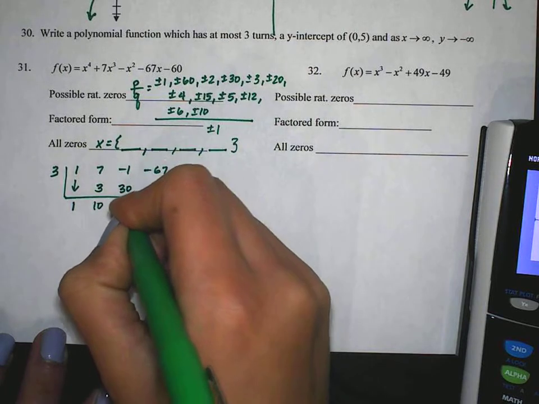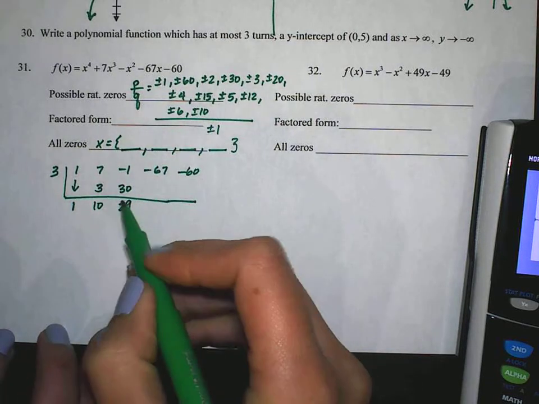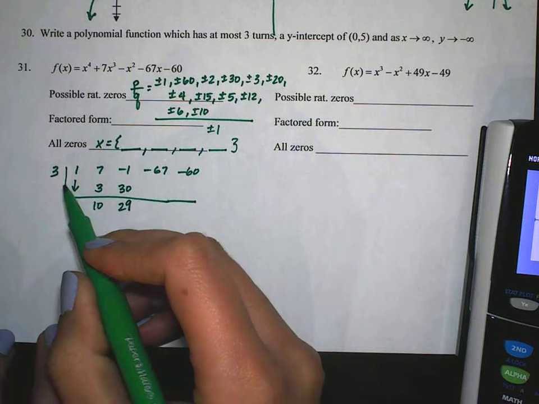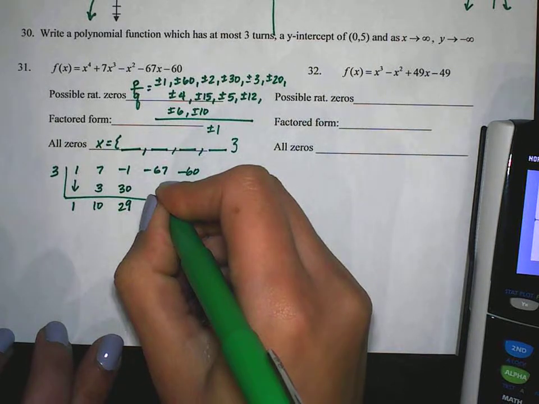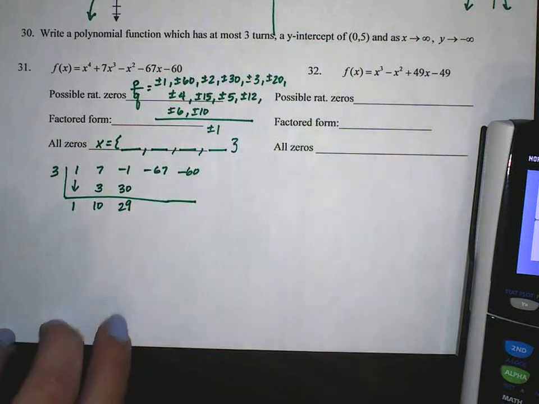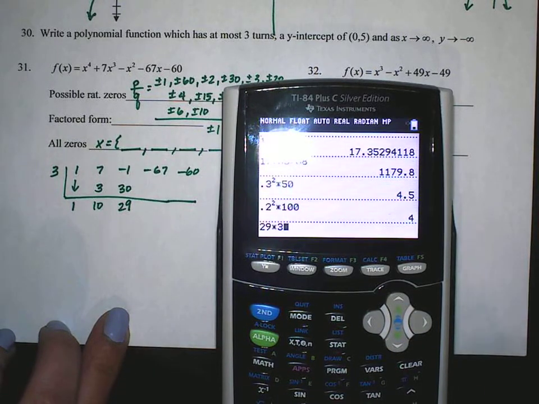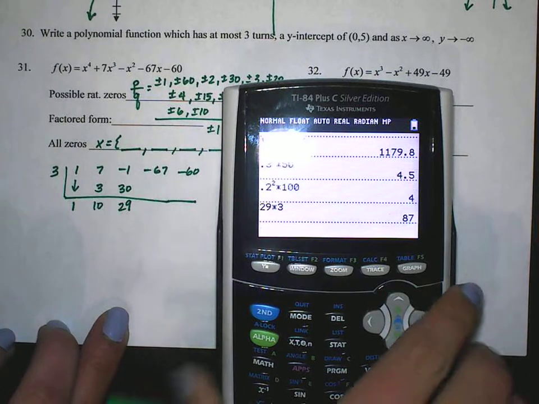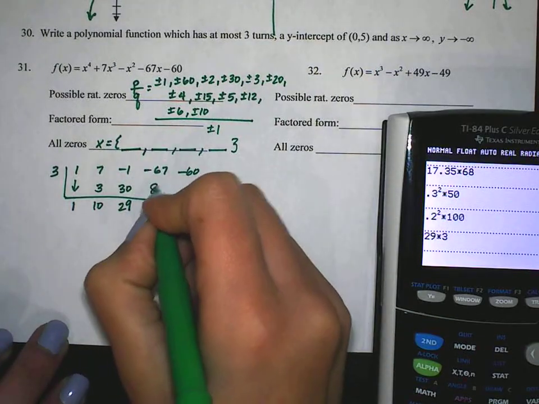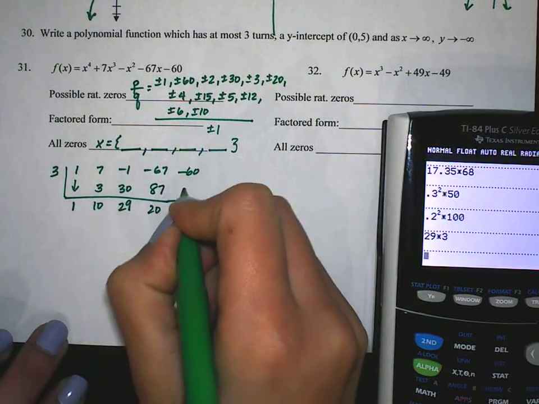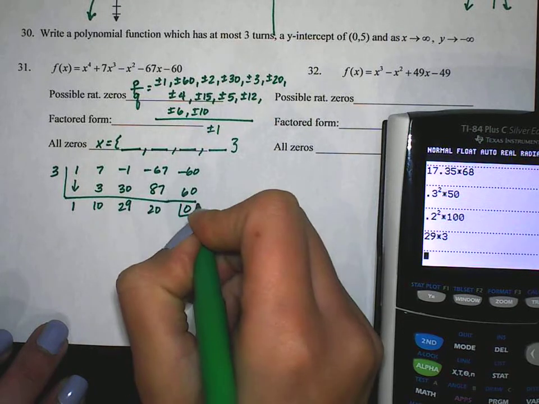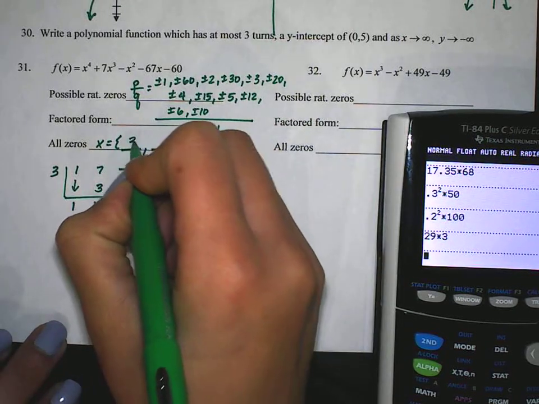Get 29. Let's see, 29 times 3 gives me 87. It's positive 20, positive 60. Oh, there's my 0. Okay, so I'm going to put 3 here.